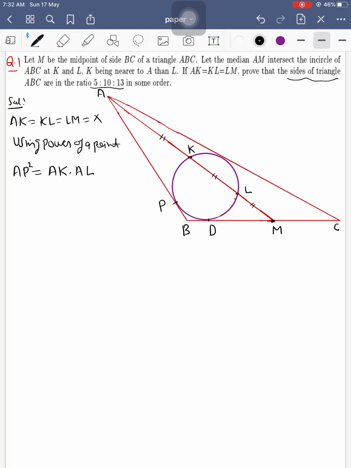AK is X and AL is 2X. This implies X into 2X is equal to AP square.